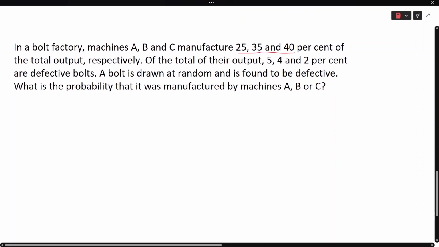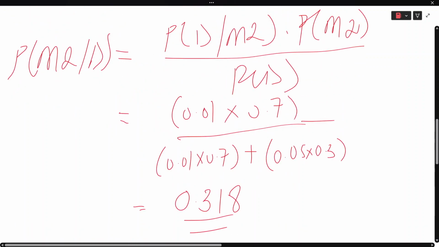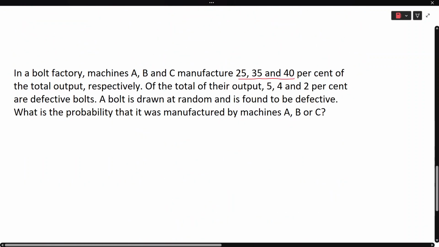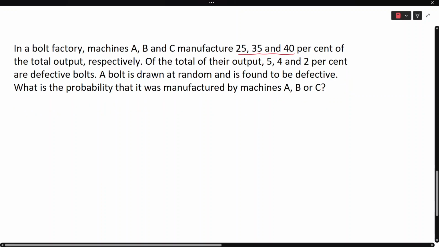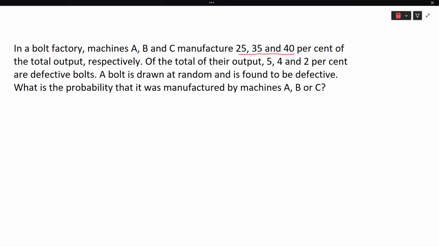Here I would use the summarized table form first, then we'll use the formula. Let's identify our variables. Machines A, B, C manufacture 25, 35, and 40% of the output. That's what is known about what machines A, B, and C produce.